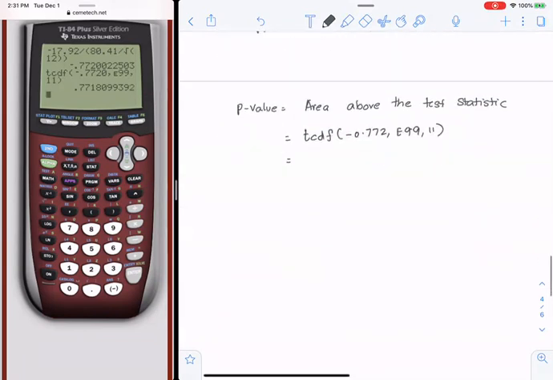And we get 0.7718, which is definitely bigger than the alpha we have, so we do not reject the null. The conclusion is the same as I wrote earlier.